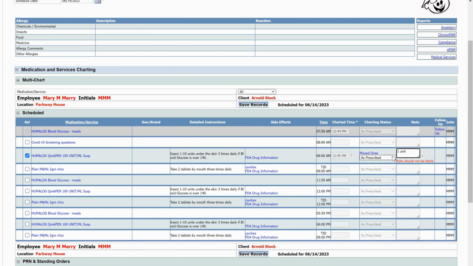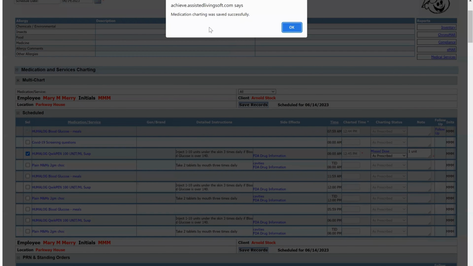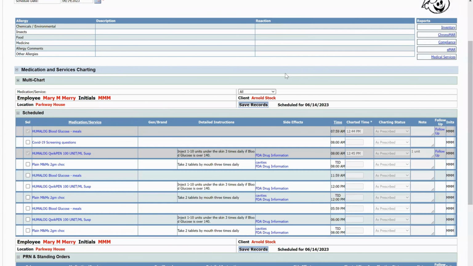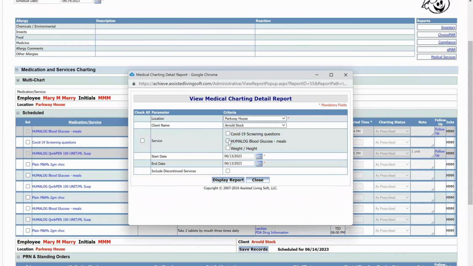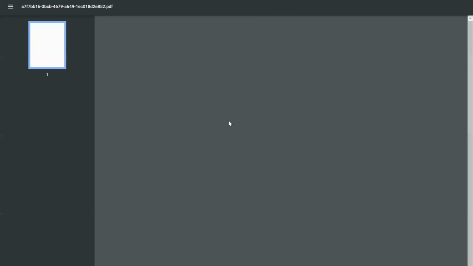And then when they click save, they're going to have a notification that it was saved successfully. So now when they run a medical service report, it's going to be very easy for you to see how many units, what their blood sugar was, and how many units were planned on being injected.